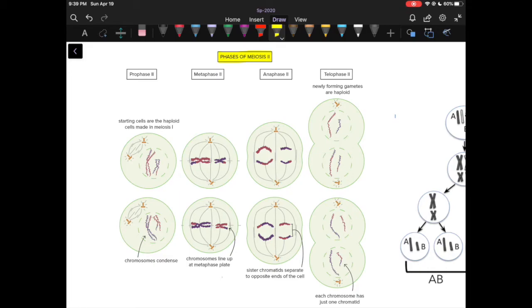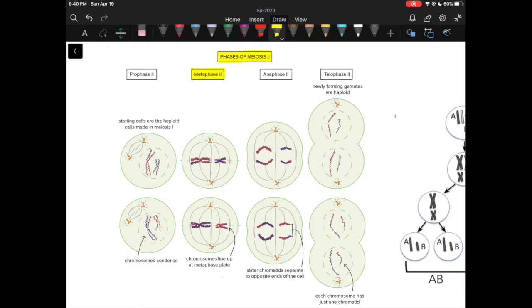And if you remember, the 23 chromosomes that we get after telophase 1 are going to be right here. These are the ones that come from telophase 1. And they're going to go into prophase 2, where they condense, meaning that we can just see them better. And then they move on to metaphase 2.